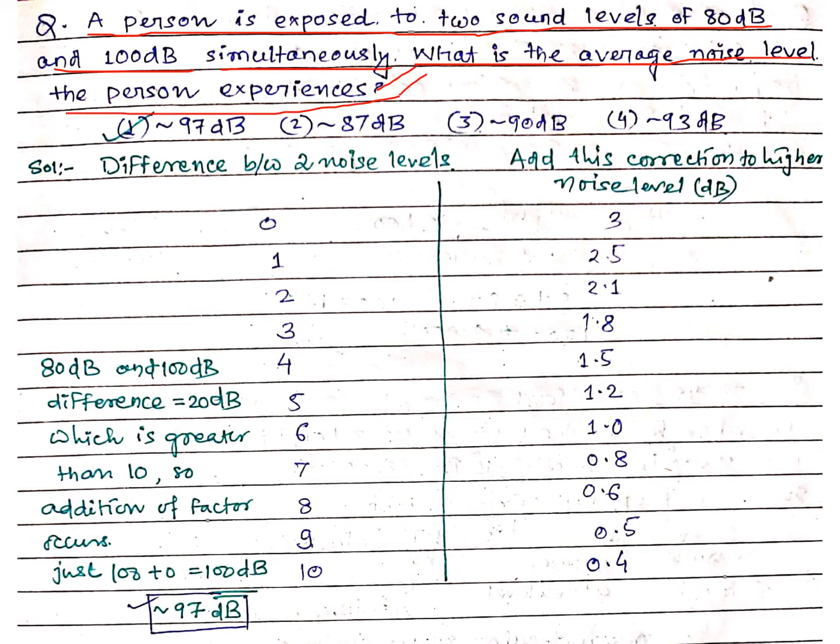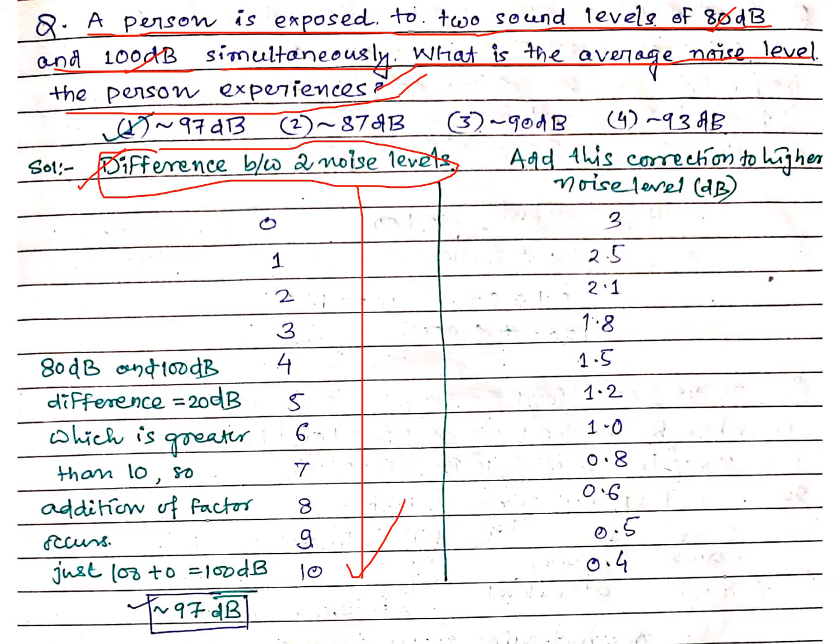If this kind of question comes, what will you do? For this kind of question we have made a table. If there is a difference between the first dB level and the second dB level, we have a sequence of different values along with their conversion factor.